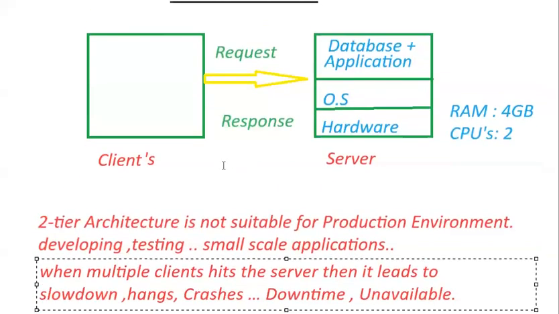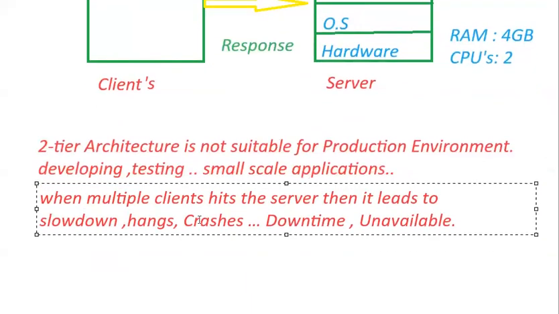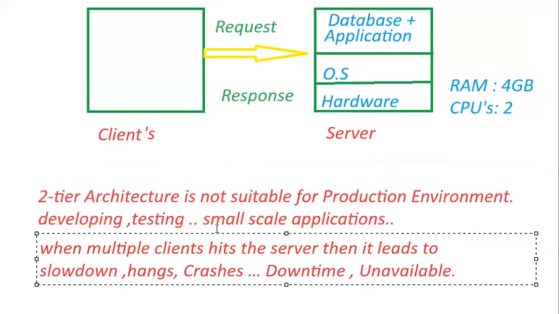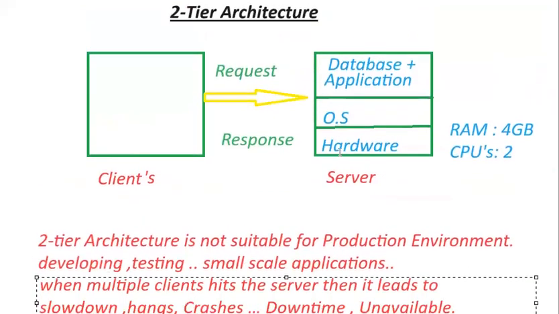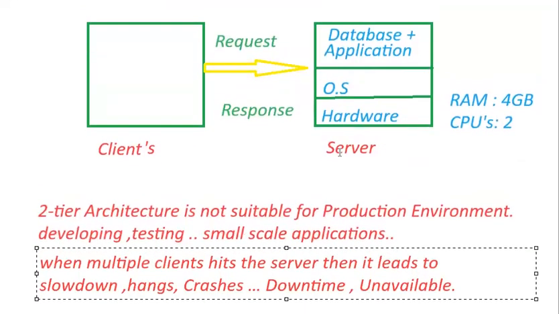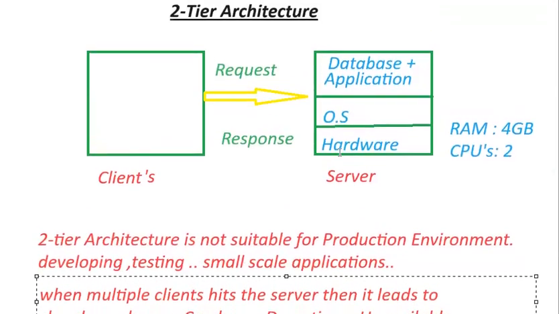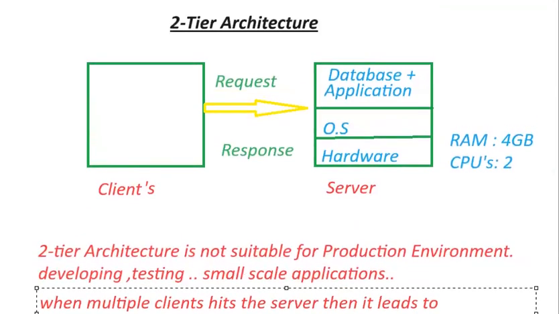If I try to use it for production environment, it leads to my machine slowing down, hanging and crashing, which leads to downtime as well as unavailability, and even leads to unsatisfied customers and reduced business. So that's why I would prefer three-tier architecture for my production environment.